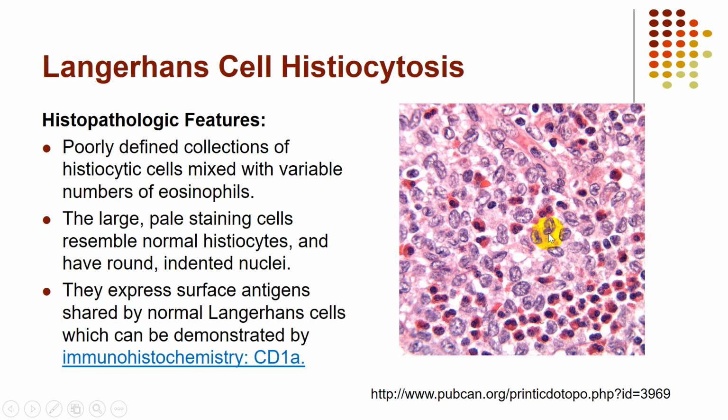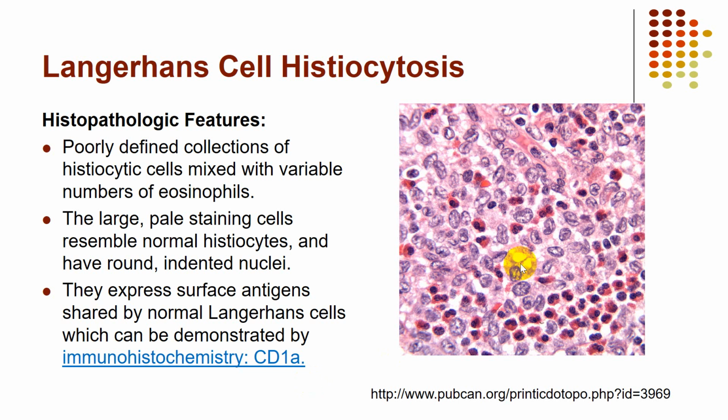It looks kidney-shaped or coffee bean-shaped. If you look at most of the cells, you will see this indentation. And this cell is also having plenty of cytoplasm. If you remember the macrophages and the histiocytes when I used to describe them to you, they look similar to that.